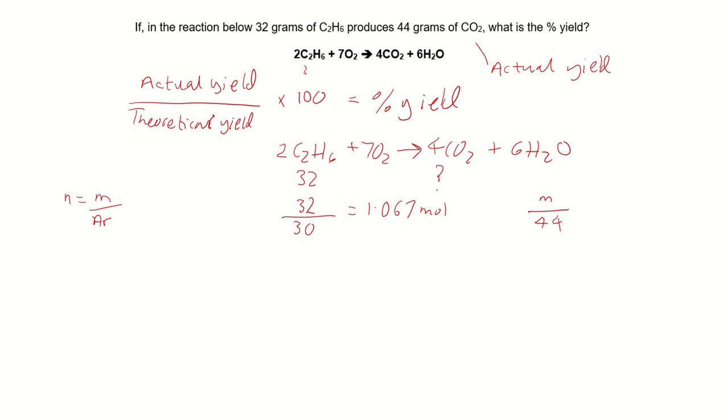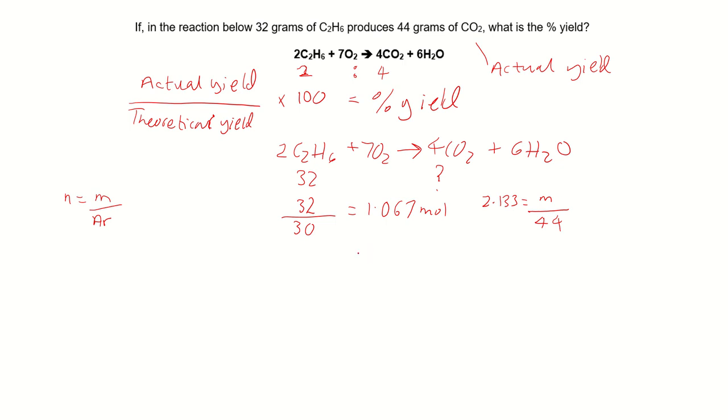It's a 2 to 4 ratio, so that means it's double, basically. So 1.067 needs to be multiplied by 2 to get the moles. So the moles here will be 2.133.